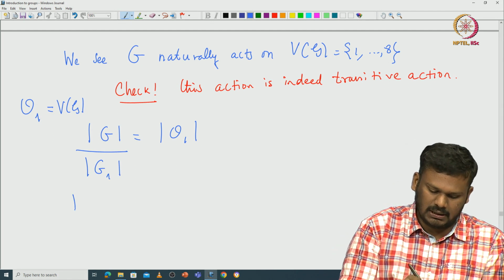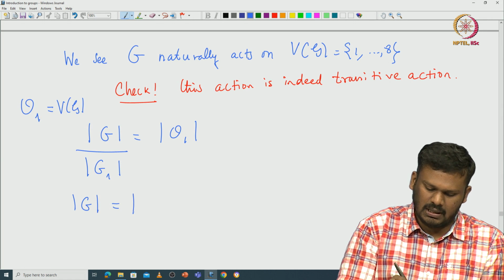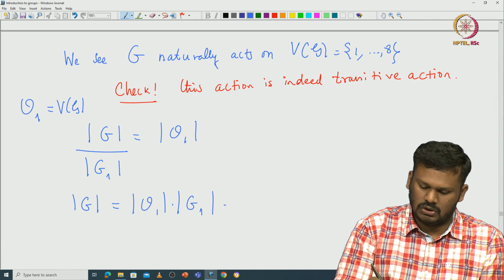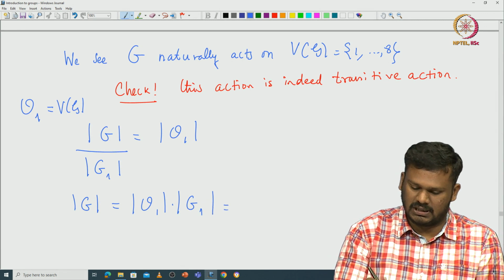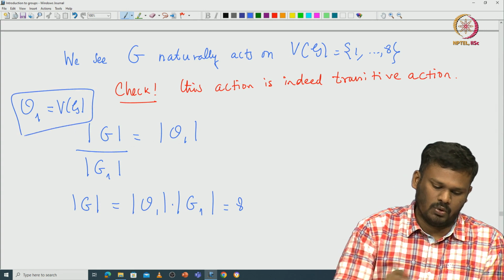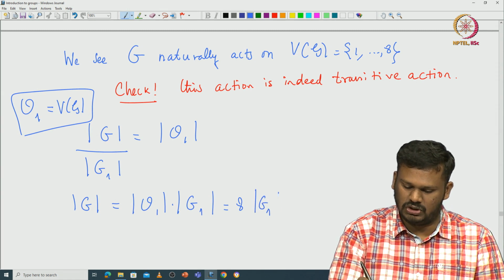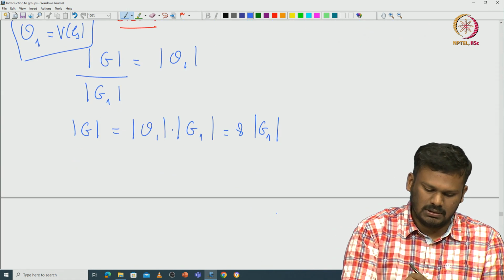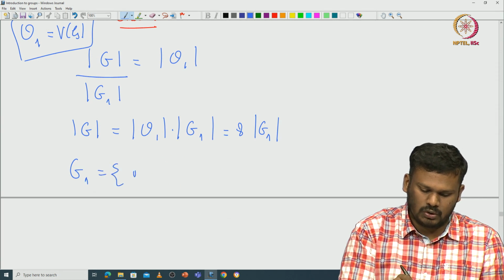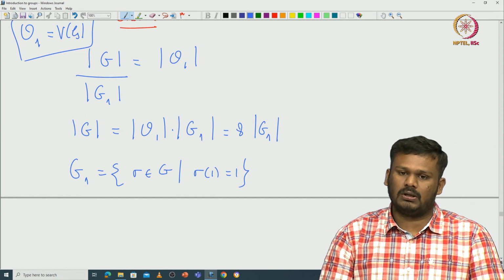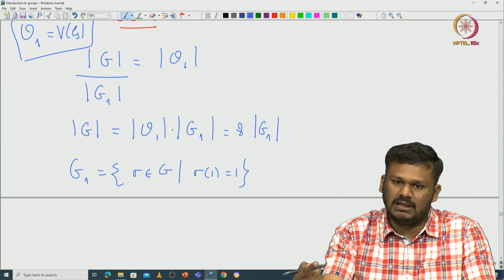So, the cardinality of G is exactly the cardinality of the orbit times the cardinality of the stabilizer. The cardinality of the orbit is exactly 8, because O1 is the vertex set V of G, and then times you have this G1. So, what is G1? G1 is those sigma in G such that 1 is fixed by that sigma, those automorphisms of G that fix 1.